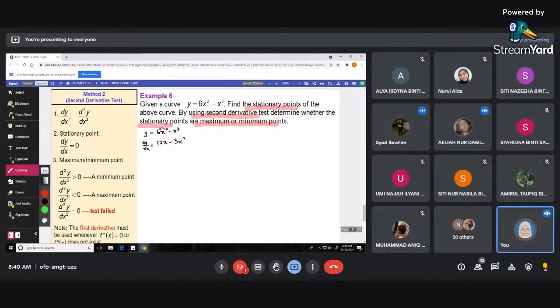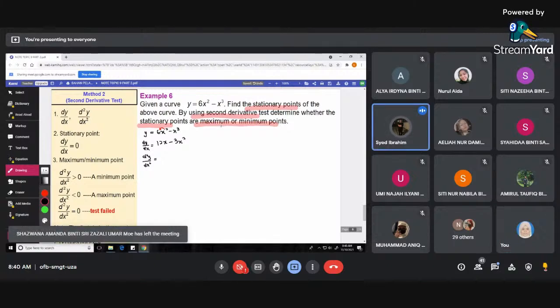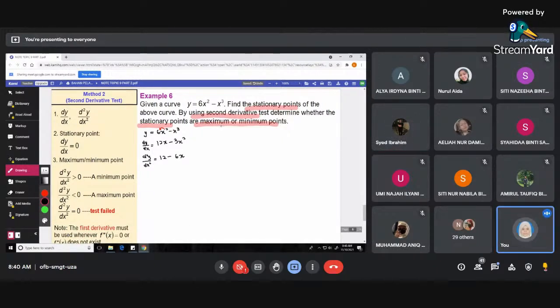Kuasa 2. Okay. So, sebab dia kata using second derivative test kan, cari yang kedua, d2y dx square. Differentiate sekali lagi 12x, dapat berapa? Dapat 12 minus 6x, sebab kuasa di sini tolak 1.